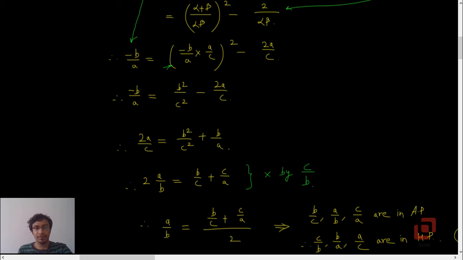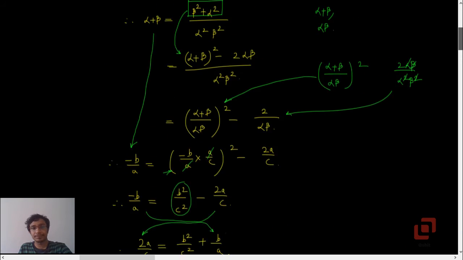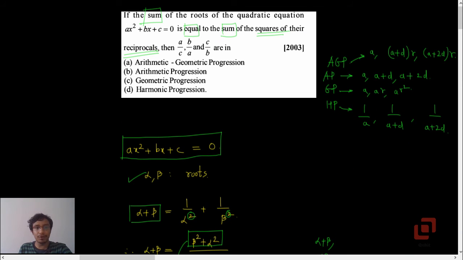So you can cancel a, and the square of minus b by c would be b squared upon c squared. Then I shifted 2a by c to the LHS and brought minus b by a to the RHS. Then I observed that the terms which we want, none of them actually contains a squared or b squared or c squared. All of them are first degree terms.